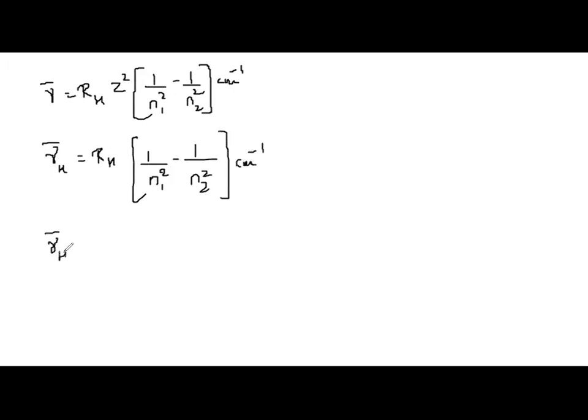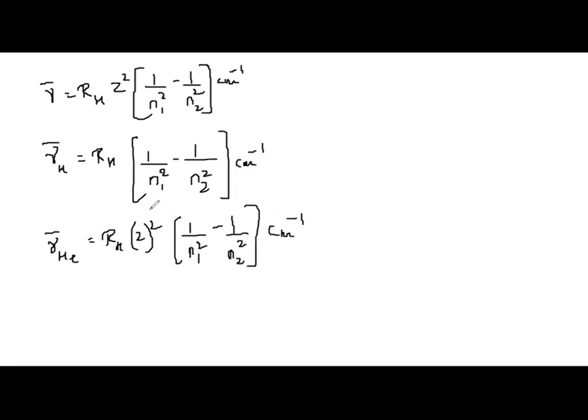For helium, the atomic number is 2, so it is RH times 2 square, times 1 by N1 square minus 1 by N2 square. So it is 4 times per centimeter.